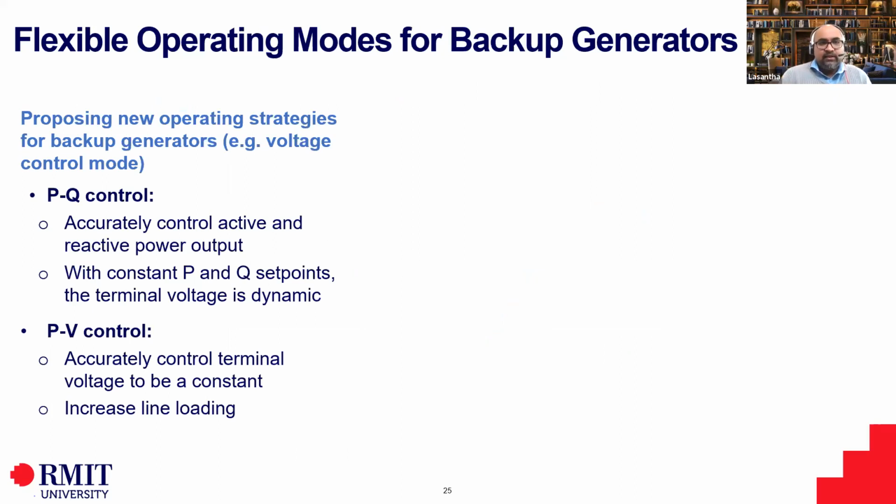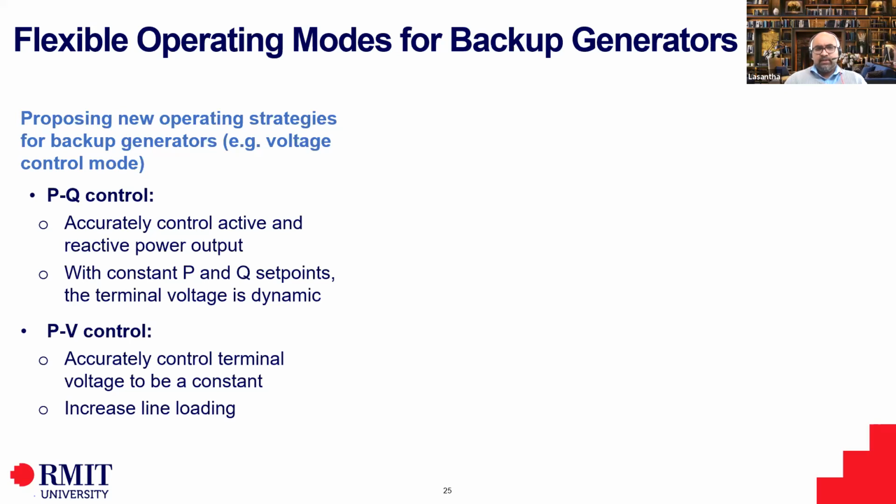In addition to that, we have looked at how the backup generator should be controlled. There are two control methods we can apply to backup generators. One is called PQ control, which means active and reactive power control. In PQ control, we precisely control the active power output, or the real power output, of the generator, and we keep the Q, the reactive power, at a constant value of 0.